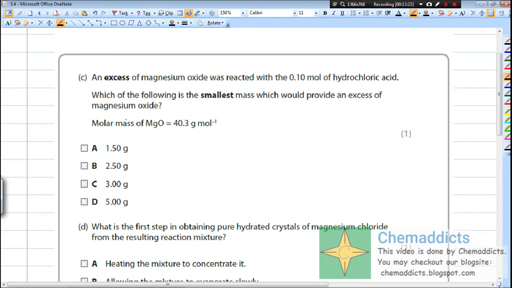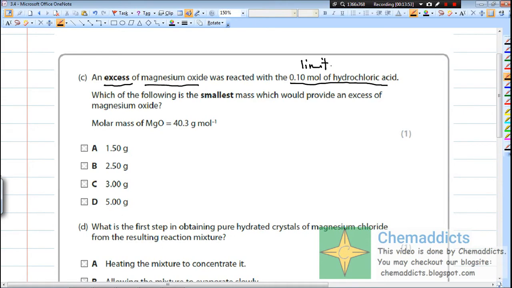So in here, let us at first analyze the information given. Here magnesium oxide is in excess, and since magnesium oxide is in excess, this should be limited as expected.